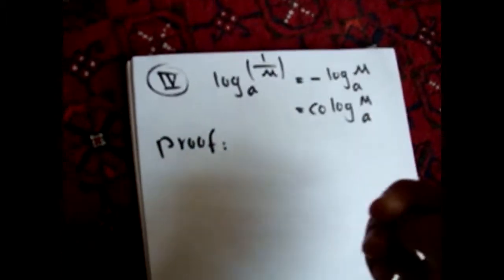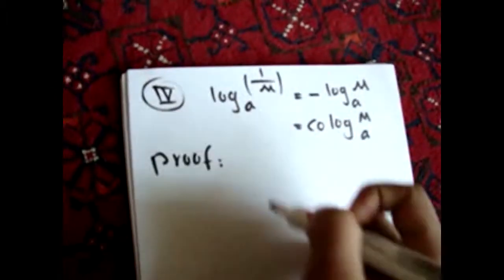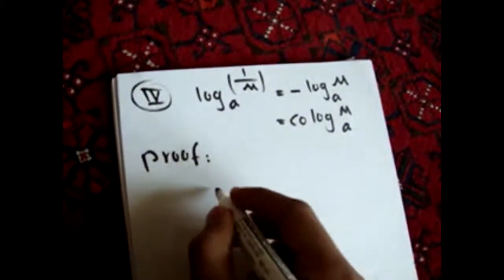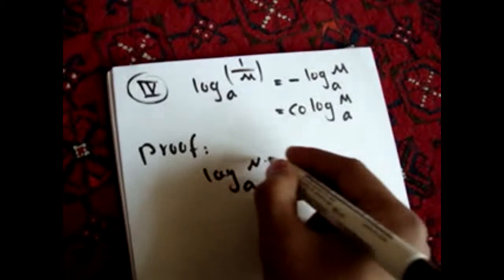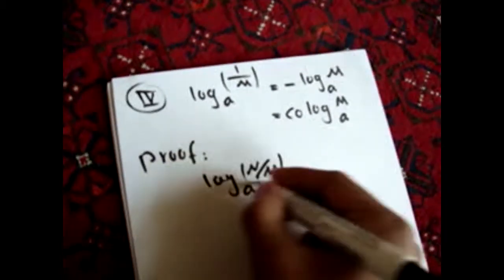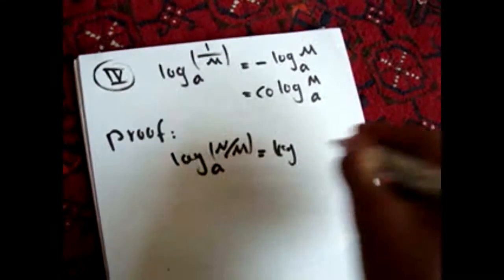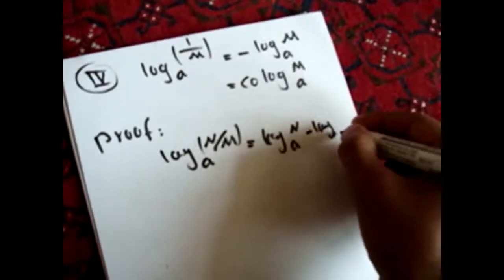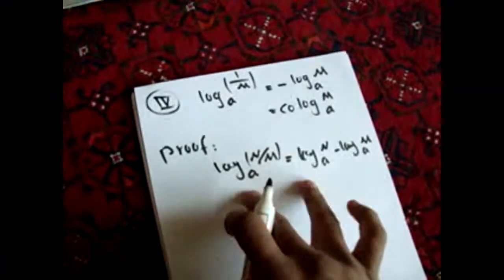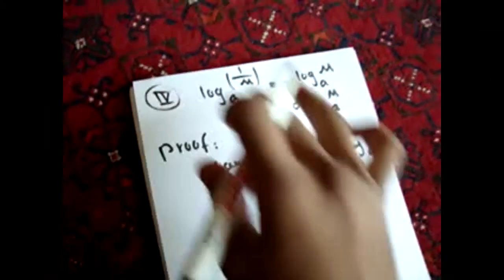From the previous law, we know that the logarithm base a of n over m is equal to logarithm base a of n minus logarithm base a of m. So we're going to use this property to prove this property.